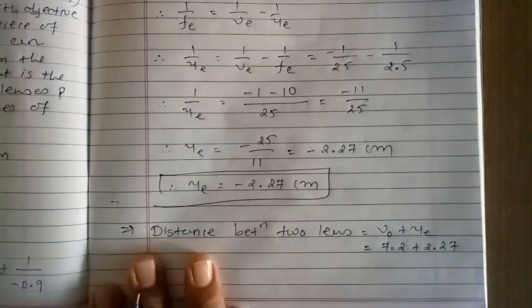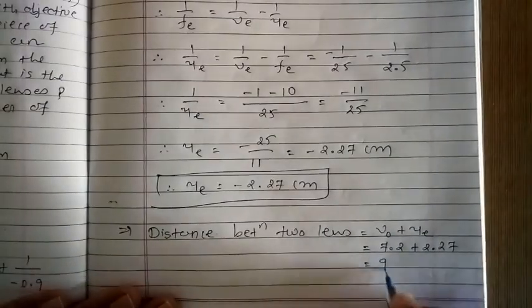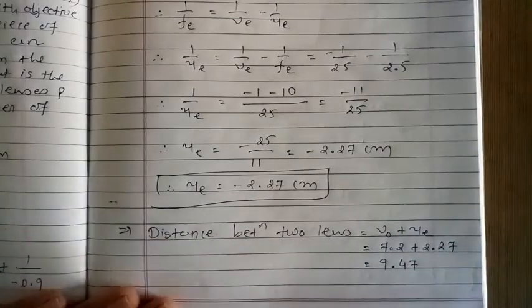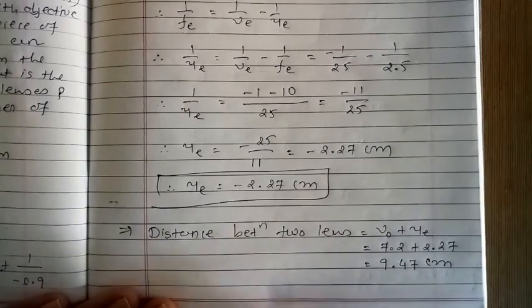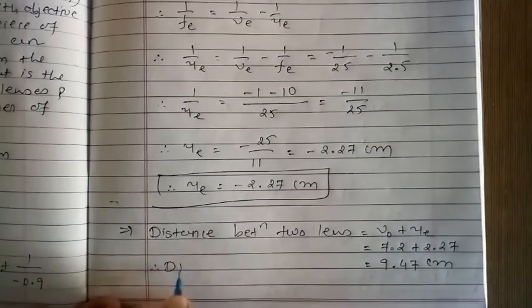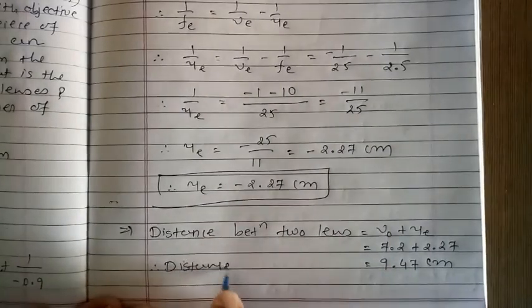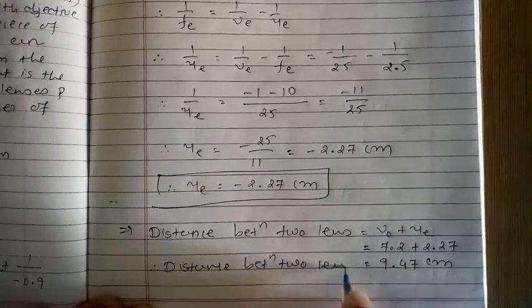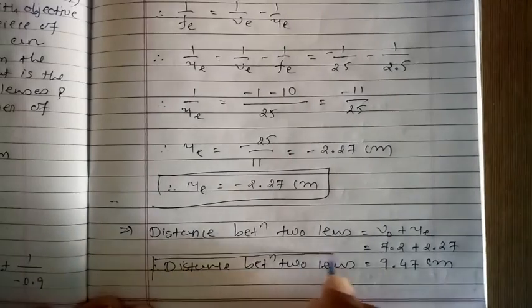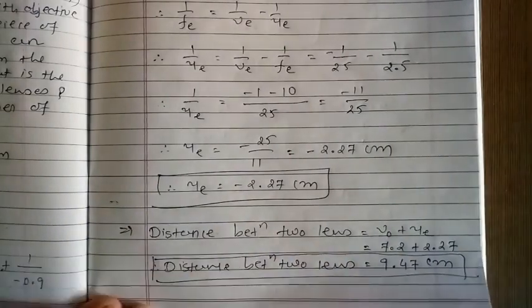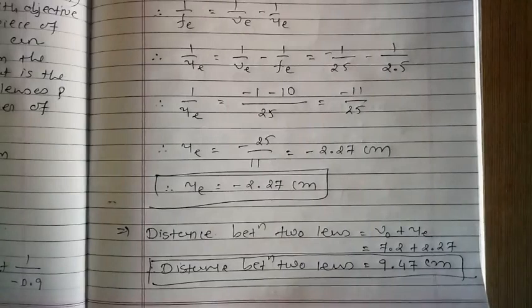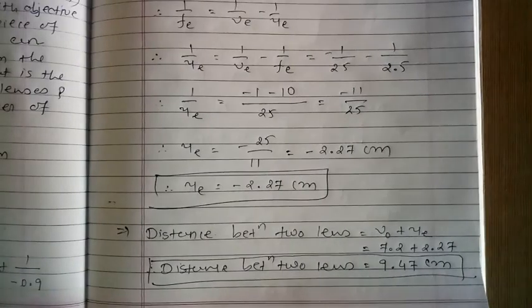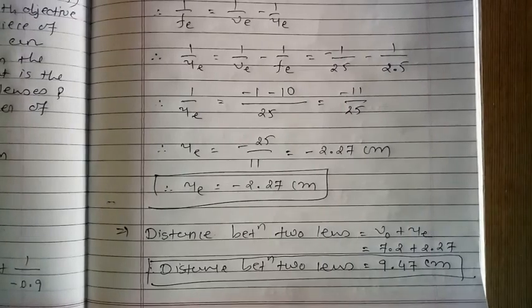So we get 9.47 centimeter. So distance between two lenses is 9.47 centimeter. Now we have to also find out the magnification, and we know the formula of magnification, right?